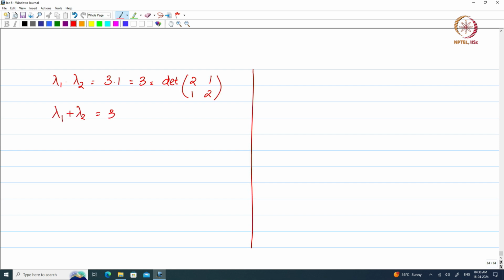You can easily verify that the product lambda 1 into lambda 2 is equal to 3 into 1, which is 3, which is nothing but the determinant of 2 1 1 2, and lambda 1 plus lambda 2 is basically 3 plus 1, which is equal to 4, which is nothing but the sum of diagonal elements of A.